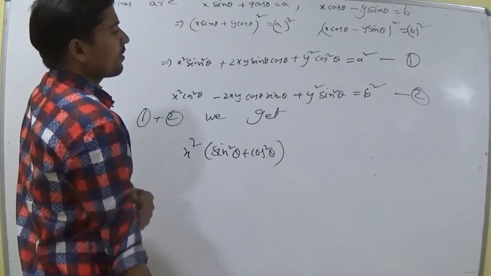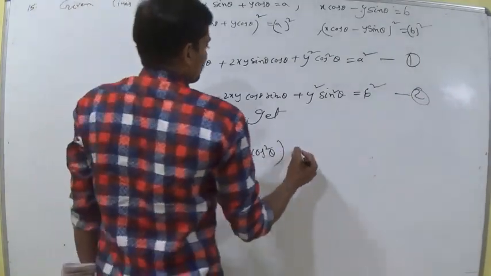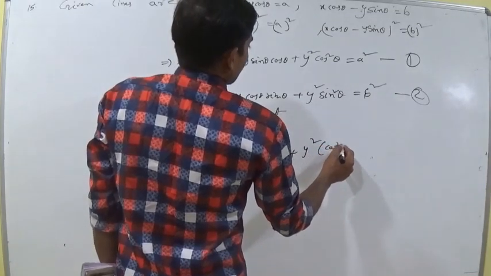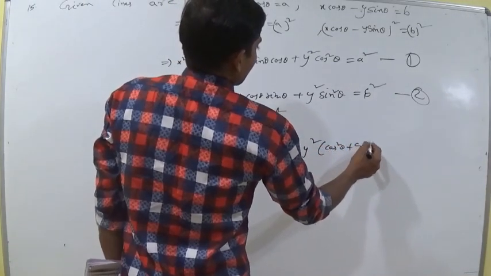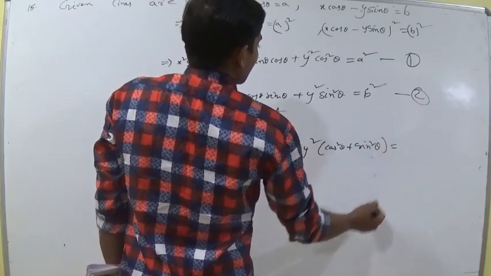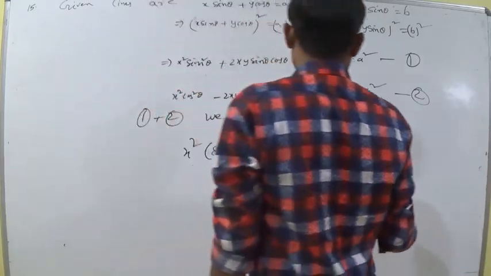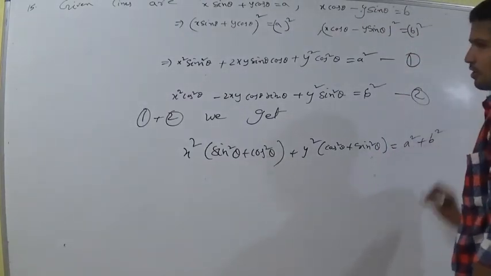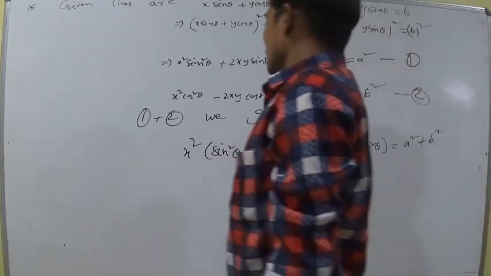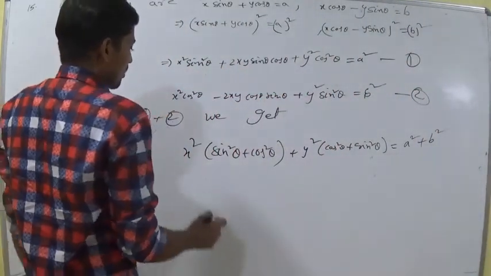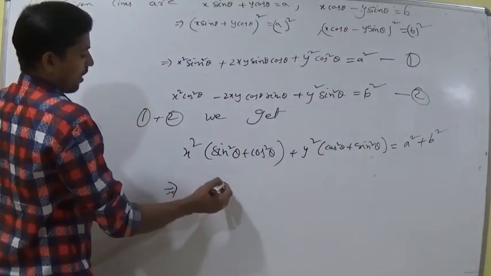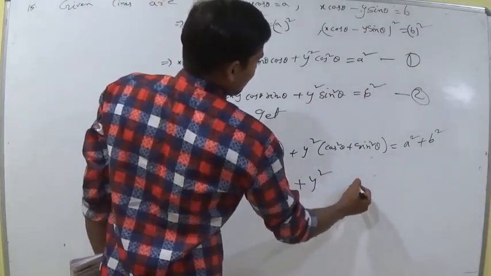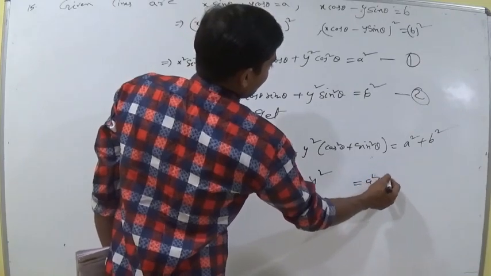Then y square into cos square theta plus sin square theta equal to a square plus b square. So x square plus y square equal to a square plus b square.